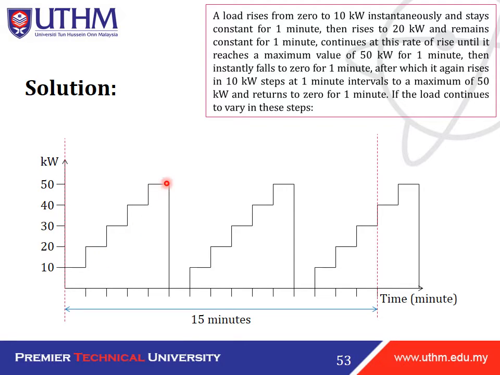So this is 50 kilowatt, and then instantly falls to 0 for 1 minute. So falls to 0 here. So this pattern continues. So we can calculate from this graph the demand for 15 minutes.